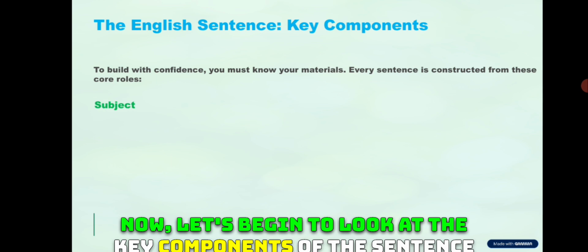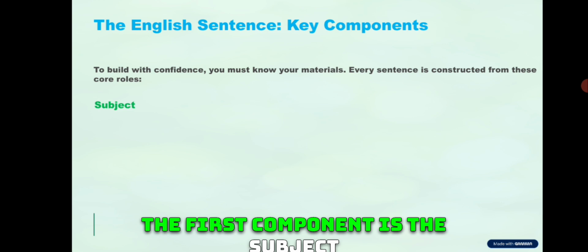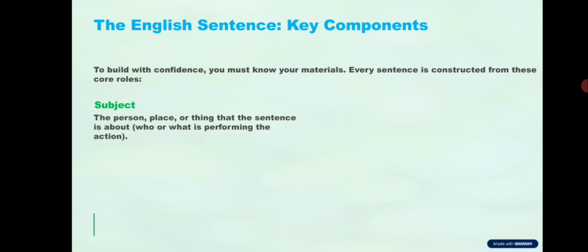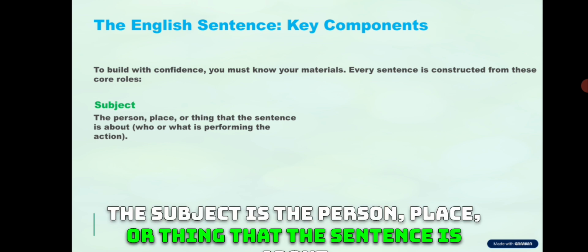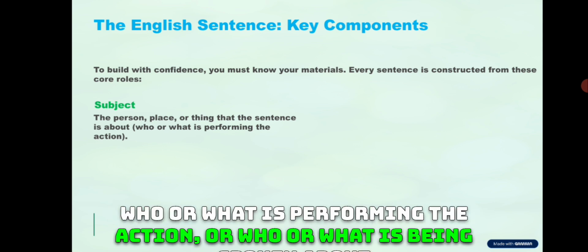Now, let's begin to look at them, the key components of the sentence. So here we want to look at the sentence structure. The first component is the subject. The subject is the person, place, or thing that the sentence is about, who or what is performing the action, or who or what is being spoken about.